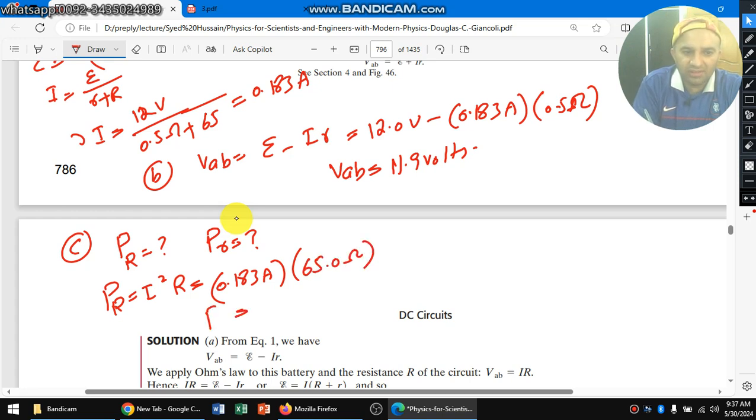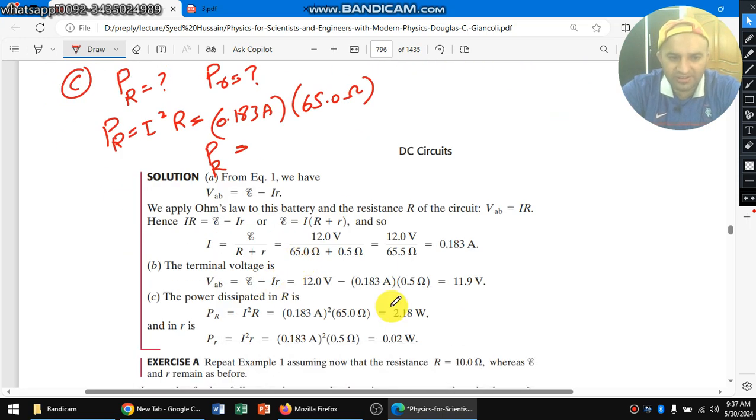When we solve we get the power dissipated across the external resistance R equal to 2.18 watt.